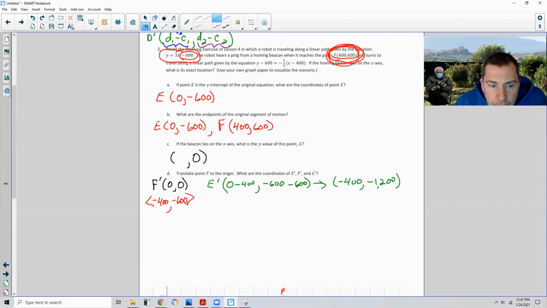And F prime is going to be the origin 0, 0, because it says translate the point F to the origin. So now F prime is 0, 0.